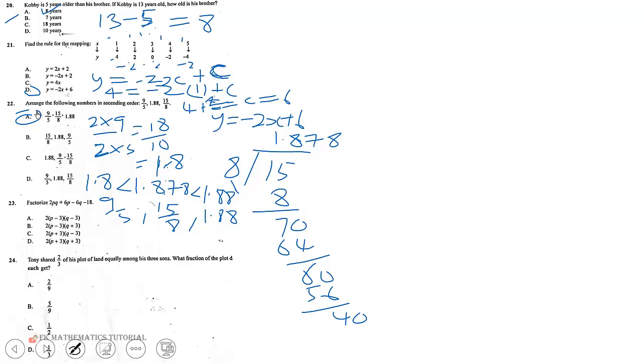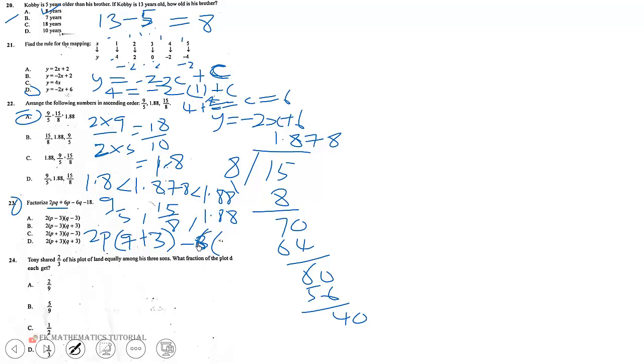We have to factorize 2pq plus 6p minus 6q minus 18. So 2p is common to the first two terms, so we have 2p out. Then we are left with q plus 3. Then we have minus 6 common to the last two terms.